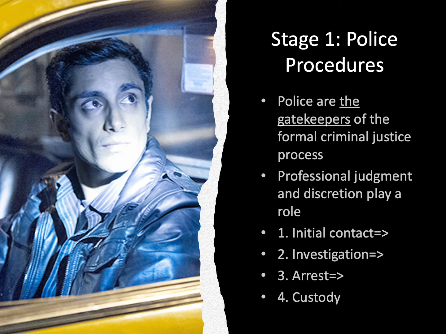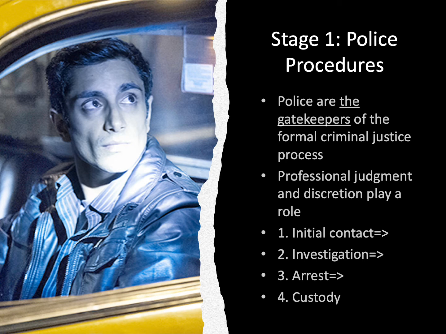Now, there's a lot of different ways that cops have initial contact with people. One could be observation. In this case, they observe him making an illegal turn. Other ways that we'll be learning about is that a victim might contact the police and tell them what went on, and that will lead to an investigation. There could be a person who walks into the police station and gives a confession.